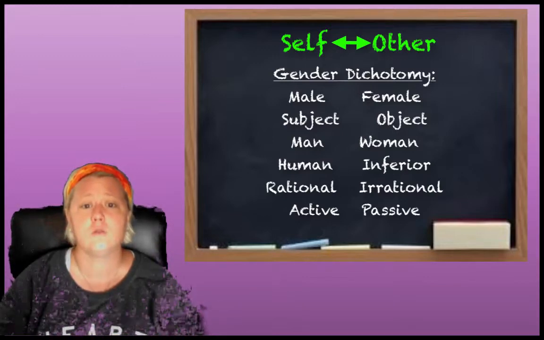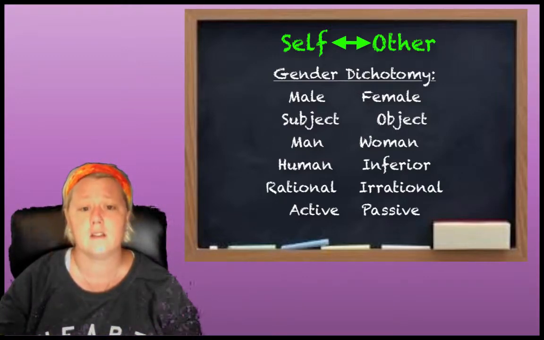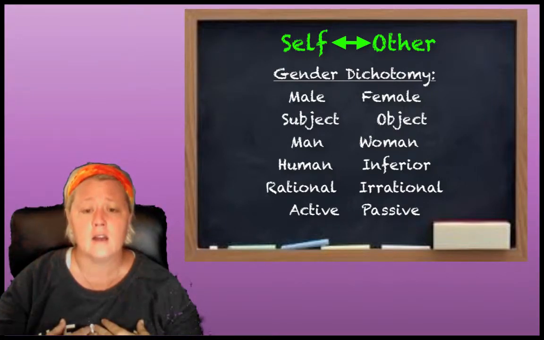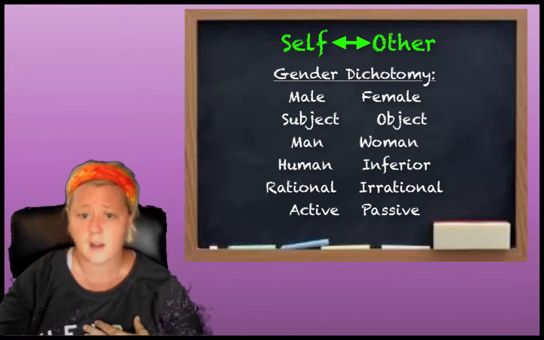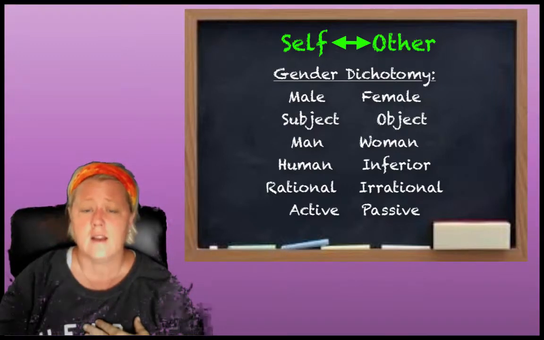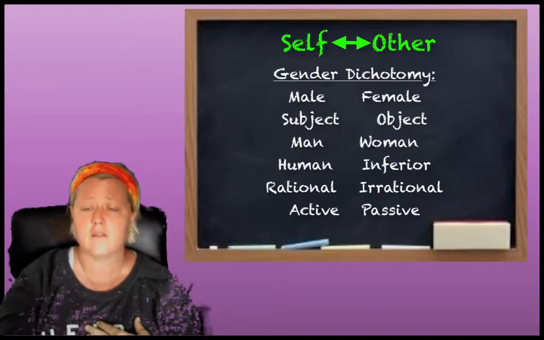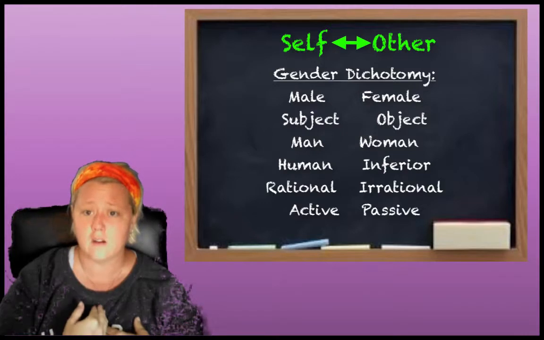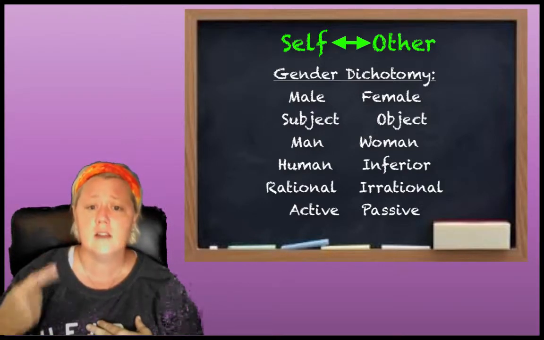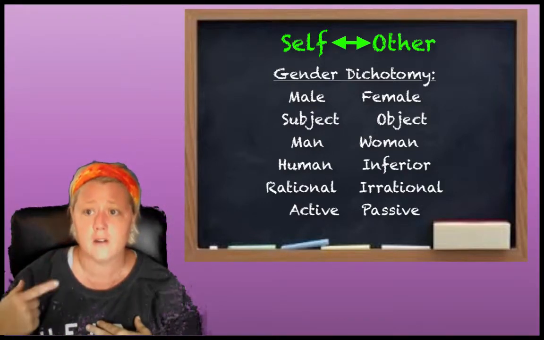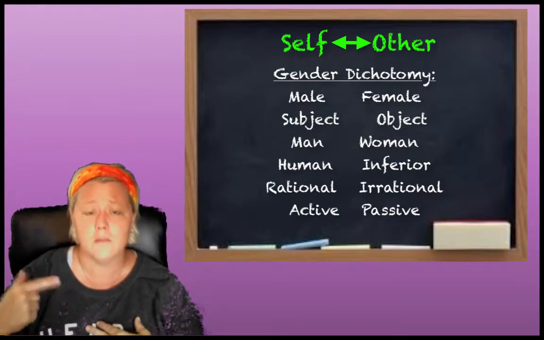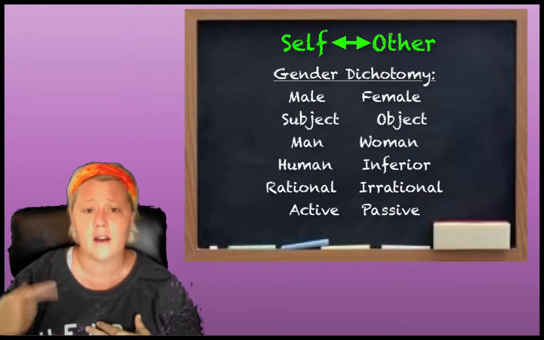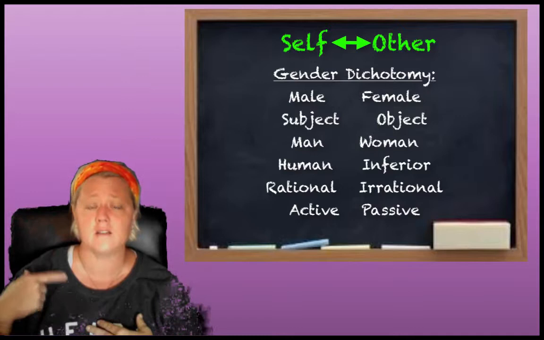Gender oppression is rooted in the very formation of our identities. When I am a self and I recognize someone else as other, yet that other does not recognize me as a self, and I constantly internalize the fact that I am other, I become other. I identify as other rather than as a subject.